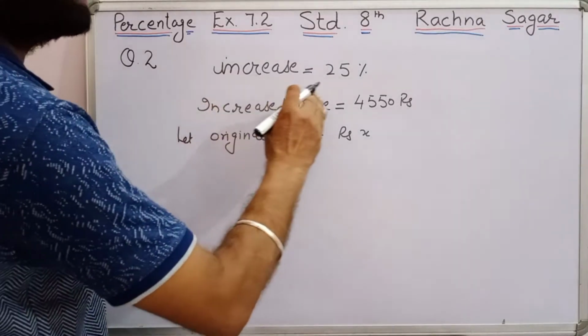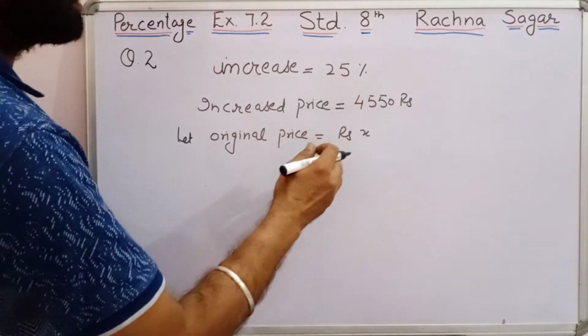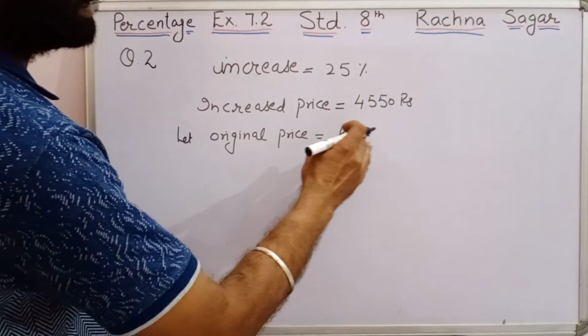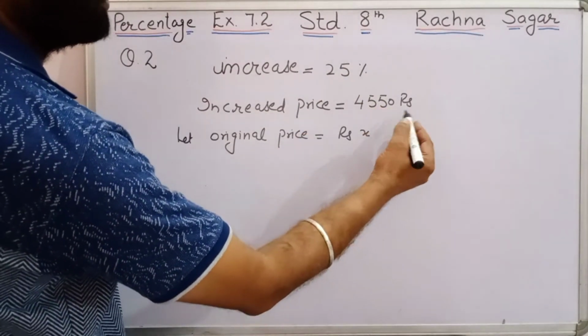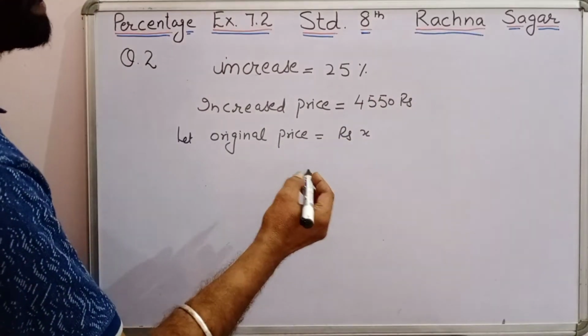Question number 2. Due to an increase of 25% in the price of a wristwatch, its price becomes 4550 rupees. Find its original price.